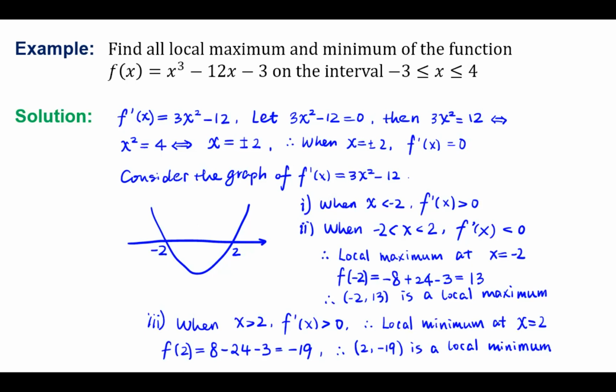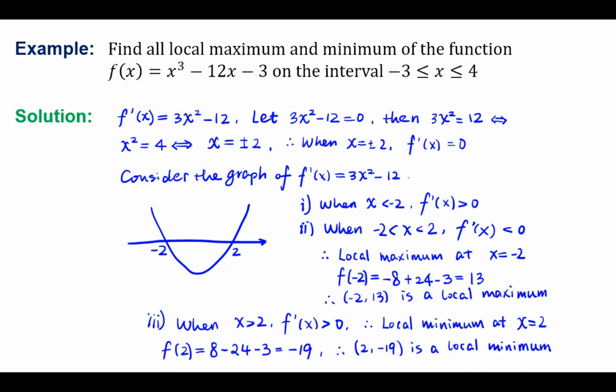Also, you should consider whether the first derivative changes sign in the vicinity of these 2 points, right? So first of all, we check when x is smaller than -2. We know that f prime x is greater than 0, right?